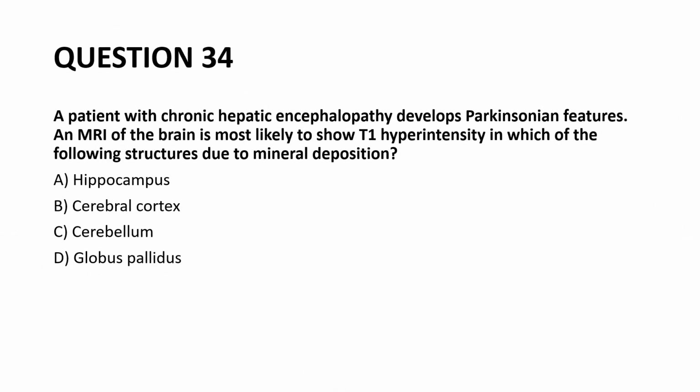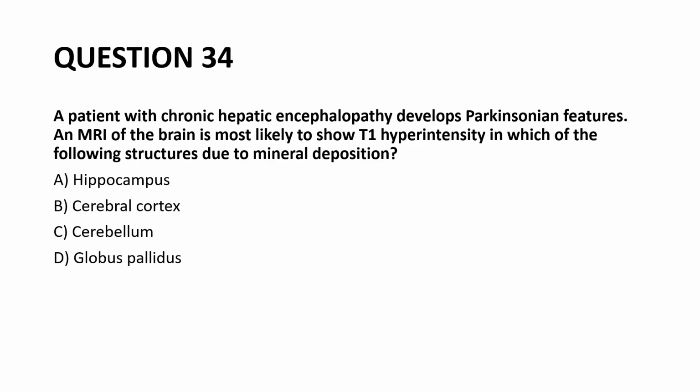A patient with chronic hepatic encephalopathy develops Parkinsonian features. An MRI of the brain is most likely to show T1 hyperintensity in which of the following structures due to mineral deposition? Hippocampus, cerebral cortex, cerebellum, globus pallidus.